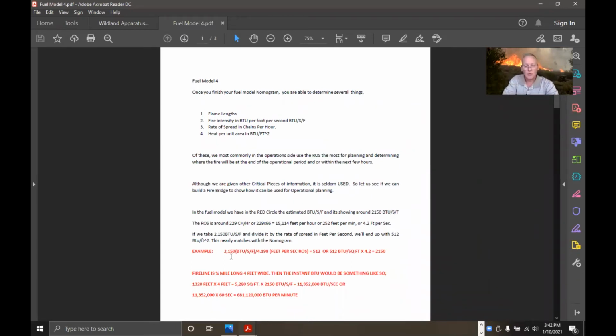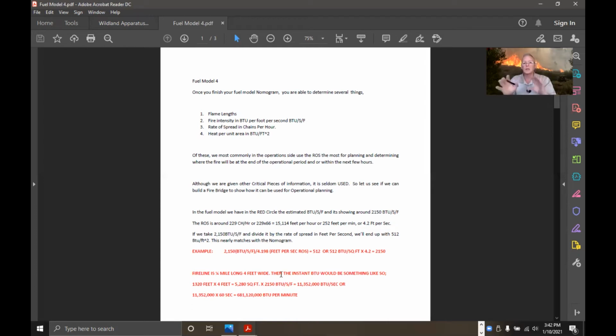So in the example, if we have 2,150 BTUs per second per foot, and we divide that by 4.198, again, that's going too precise, we don't need to, so you could do 4.2, breaking it up in the rate of spread of 4.2 feet per second, you get 512 BTU per square foot. Okay. Now, if you take that 512 BTU per square foot and multiply it by the rate of spread in feet per second, you get the 2,150. So that matches up there.